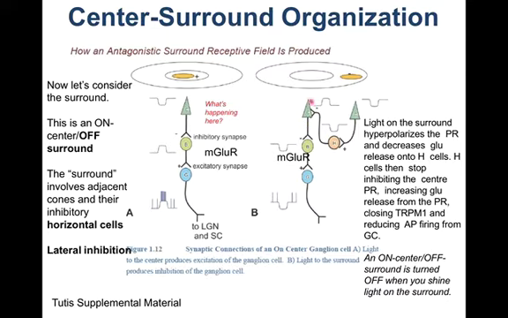So your central cone becomes disinhibited, and that results in increased mGluR activity, decreased TRPM1 activity, hyperpolarization, and a reduction in firing rate in the ganglion cell. So key point, an on-center, off-surround system is turned off when you shine light on the surround and turned on when you shine light on the center.